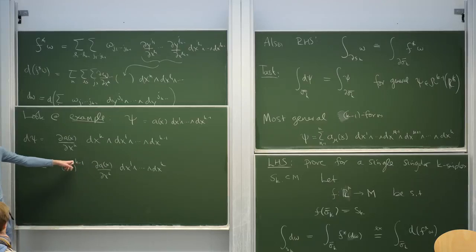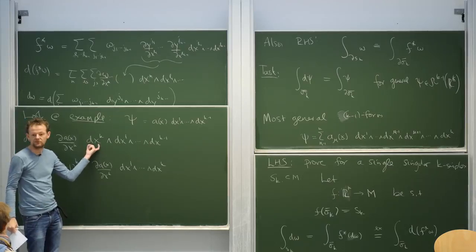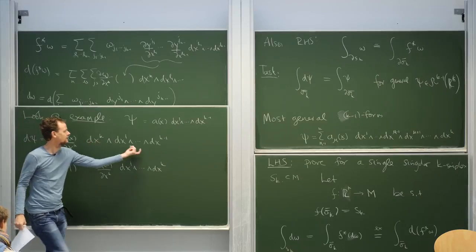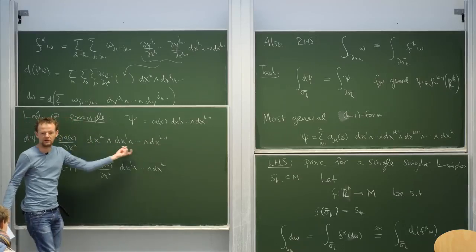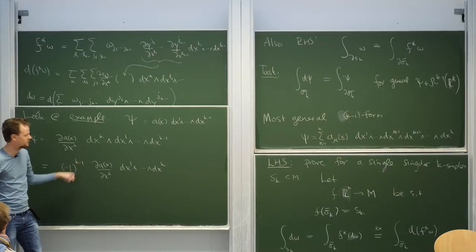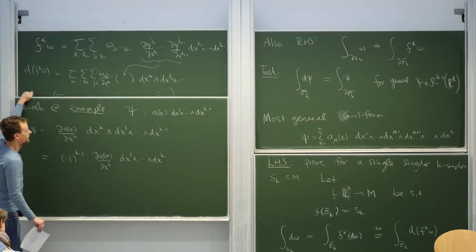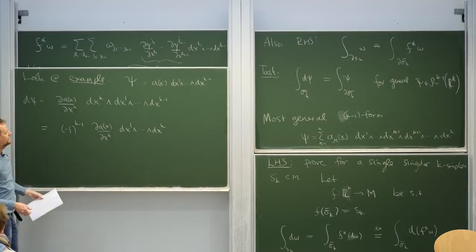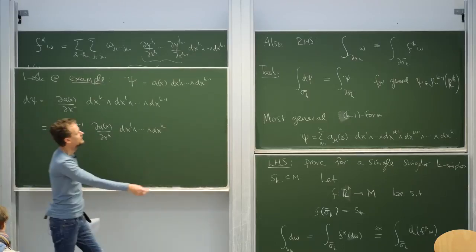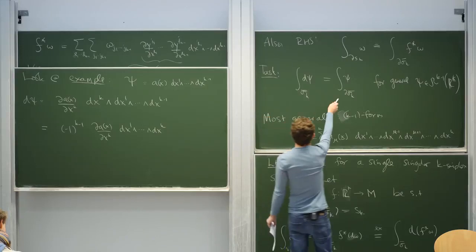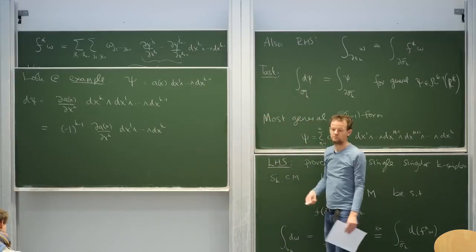So if k minus 1 is even, then you can use the anti-symmetry of this wedge product to move it past an even number of times, and you pick up a plus 1. And if it's odd, then you pick up a minus 1. And then let's just put this into the left-hand side of what we want to show. See what happens.